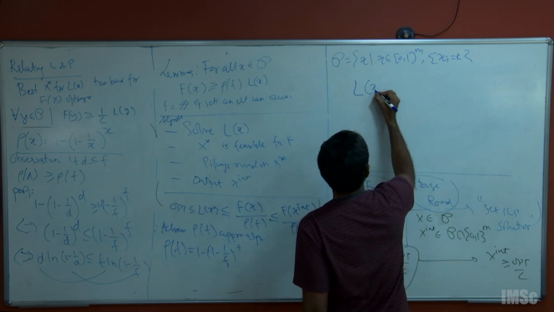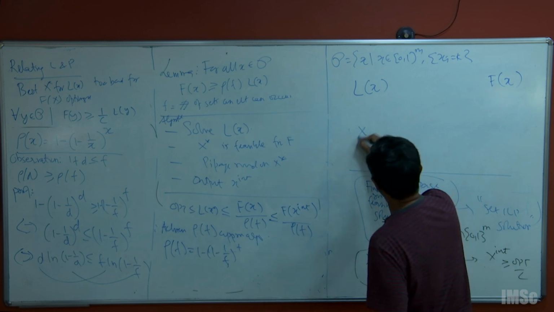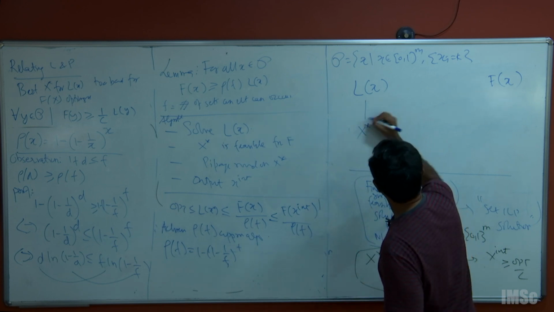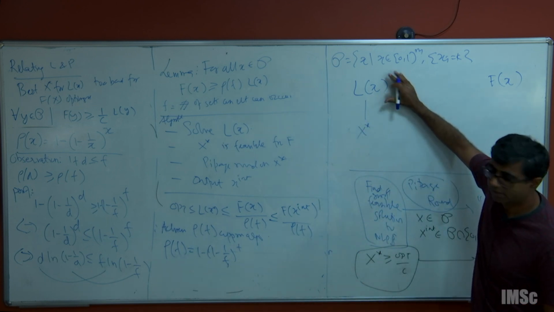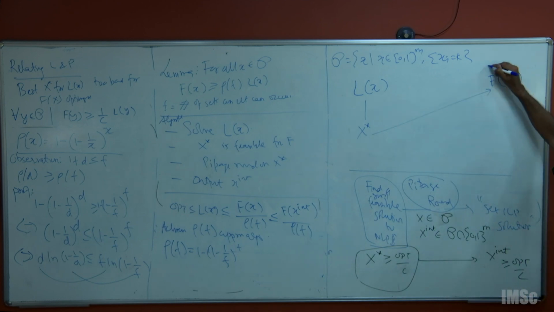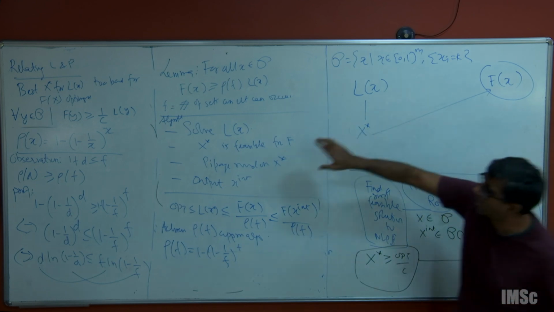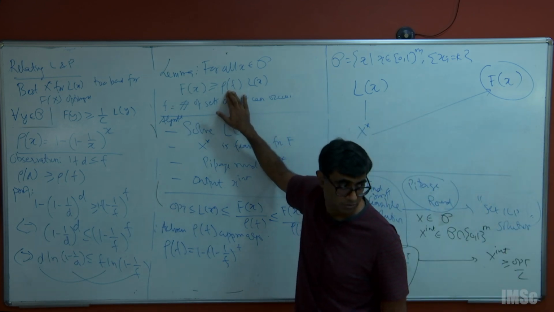L of x is one function, f of x is another function, x star is the one which optimizes this. But now I want to say, when I feed x star, what is the value of f of x at this point, like how small it can be or how bad it can be. I say it is not too bad. It is at least whatever value of L of x is times this rho of f. You understand the point, right?